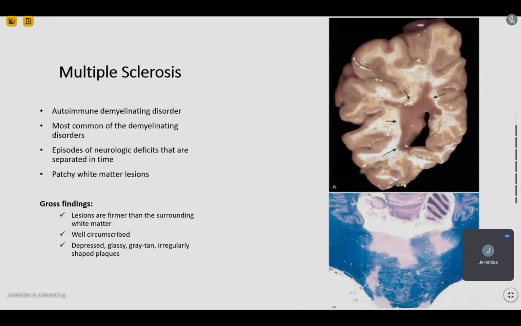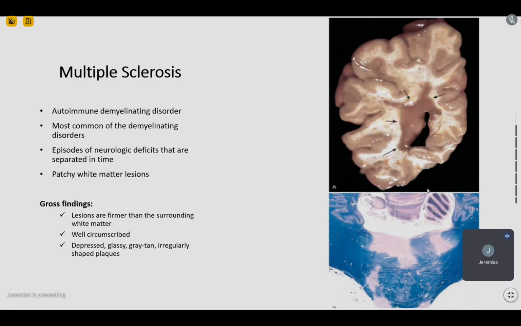That's why autoimmune. So in the case of multiple sclerosis, the antibodies involved attack the myelin. So that's why there's loss of myelin.